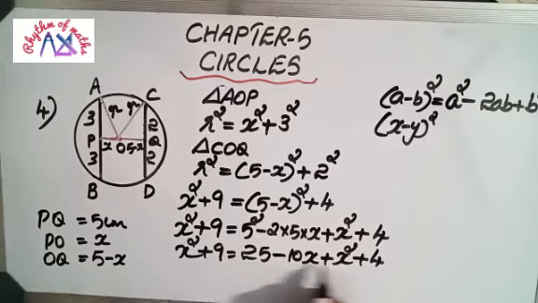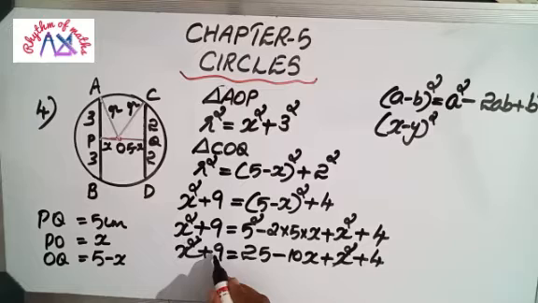Now on both sides of the equation, x square is there. We can cancel it, because if plus x square comes to this side, it will be minus x square, so it is easy to cancel. Now 25 plus 4 is 29. Now let's take this 9 to this side and minus 10x to this side.